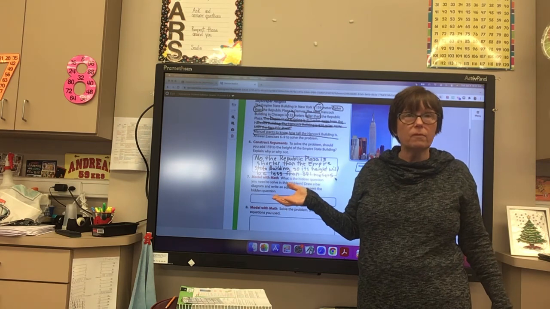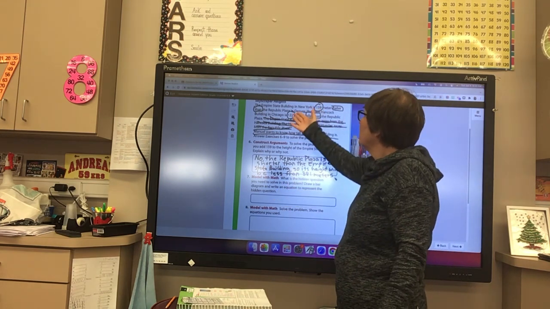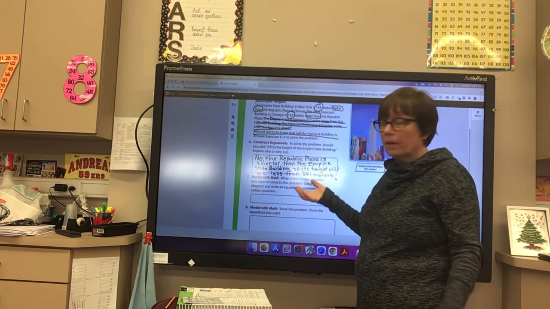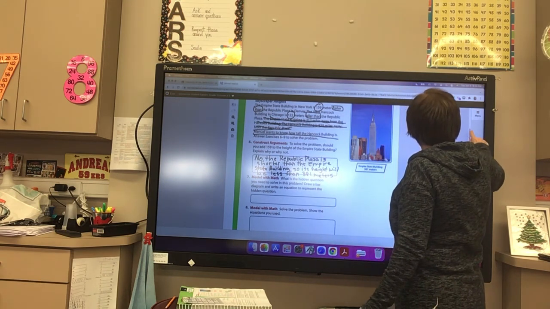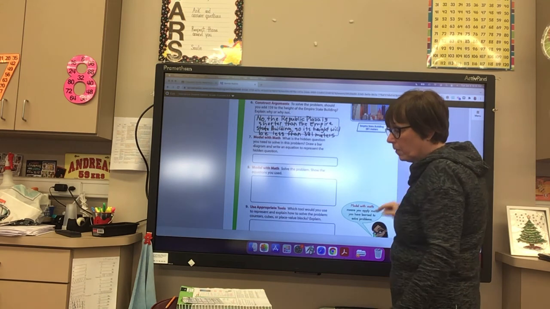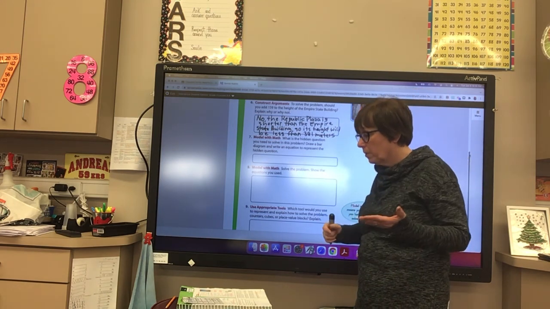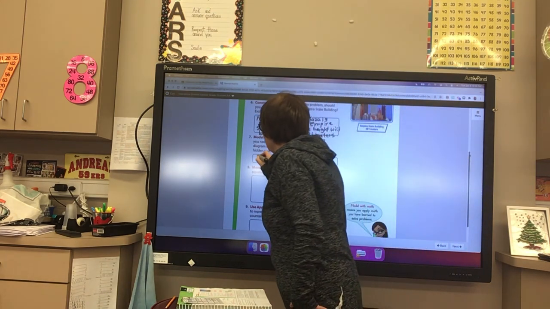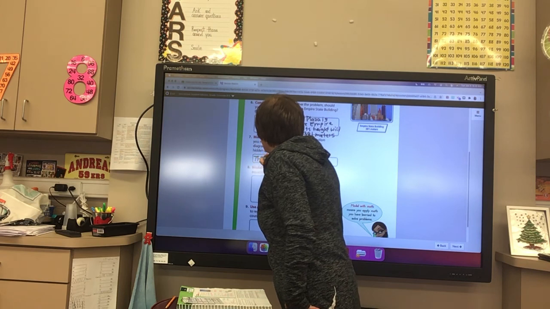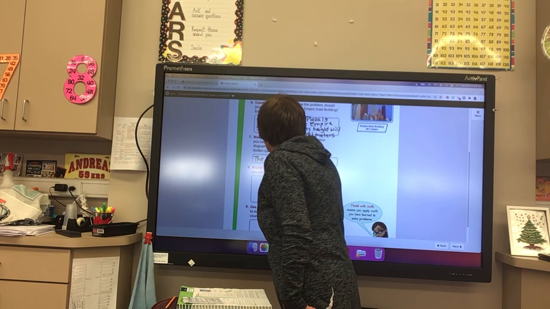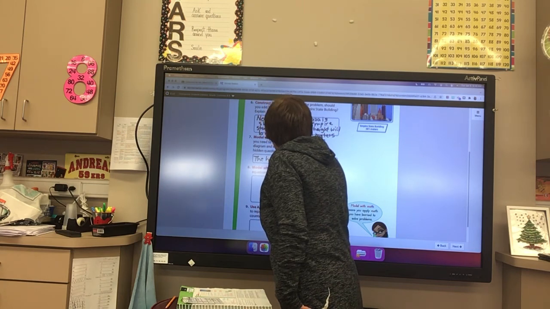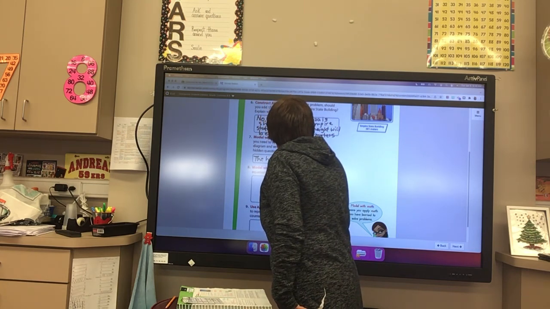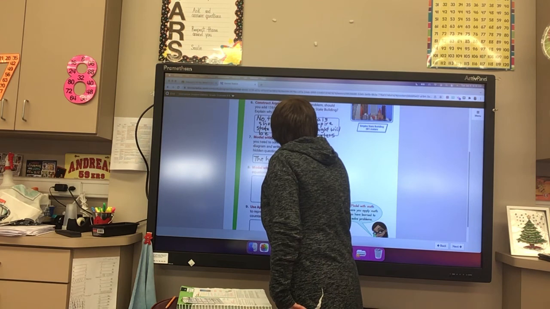Well, what don't we know the height of? We don't know the height of the Republic Plaza in Denver. So let's say that that is our hidden question. We don't know how tall the Republic Plaza is. The height of the Republic Plaza.